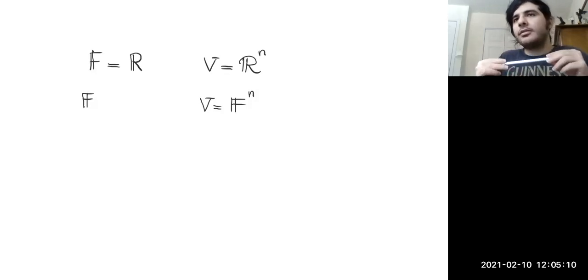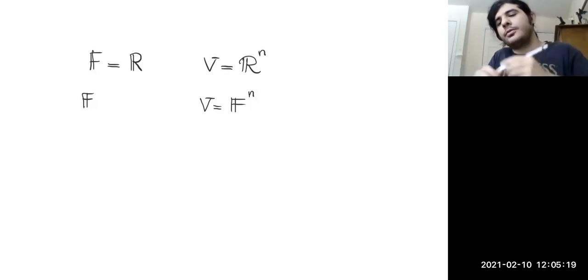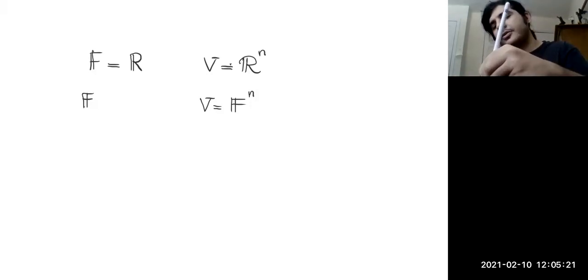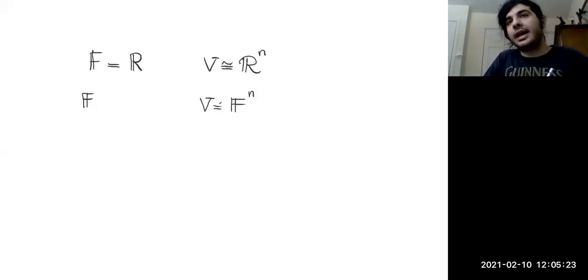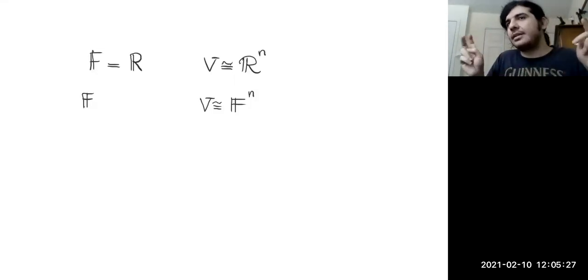That's the fact that not all vector spaces are so-called finite dimensional. So here, for example, when we write V is equal or at least isomorphic to Rn, it means the vector space in some sense is n-dimensional.